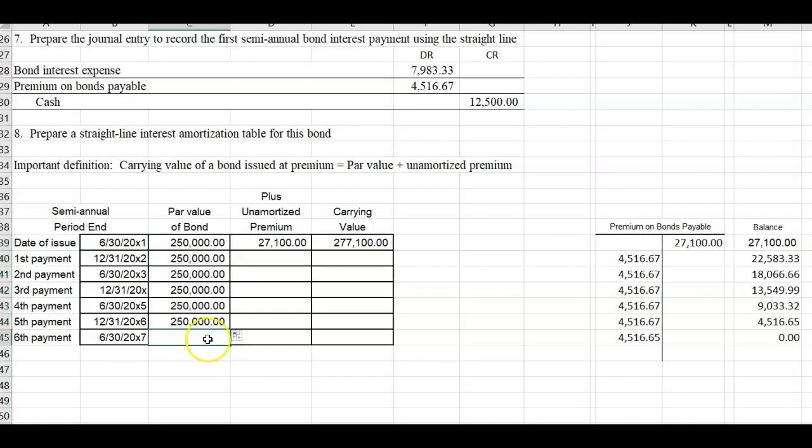So the par value stays $250,000 all the way through. This unamortized premium is going to be reduced by $4,516.67 every time we make a payment of bond interest to our bondholders.